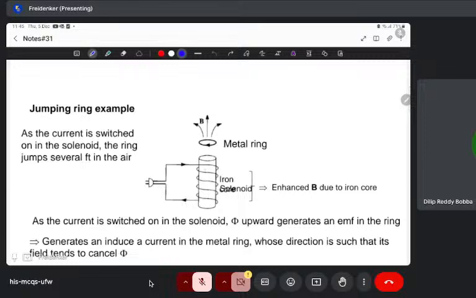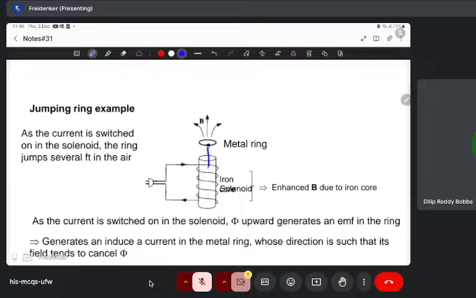Anti-clockwise. So if you take your fingers and curl them along the direction of the current, that would give you the direction of the magnetic field. The thumb will give you the direction of the magnetic field when you curl your fingers of the right hand along the direction of the current.